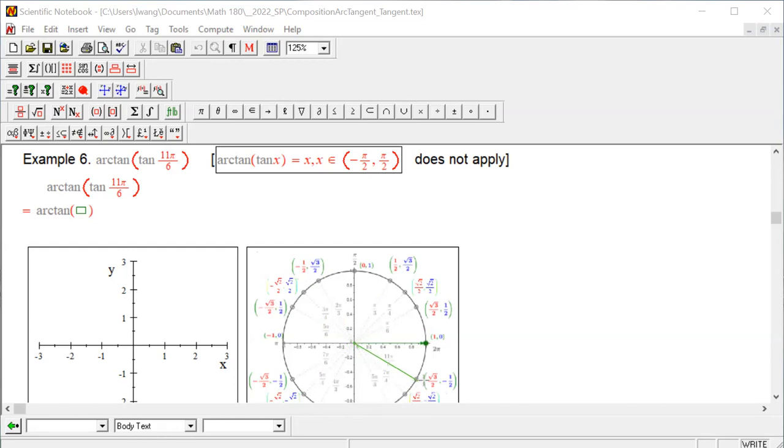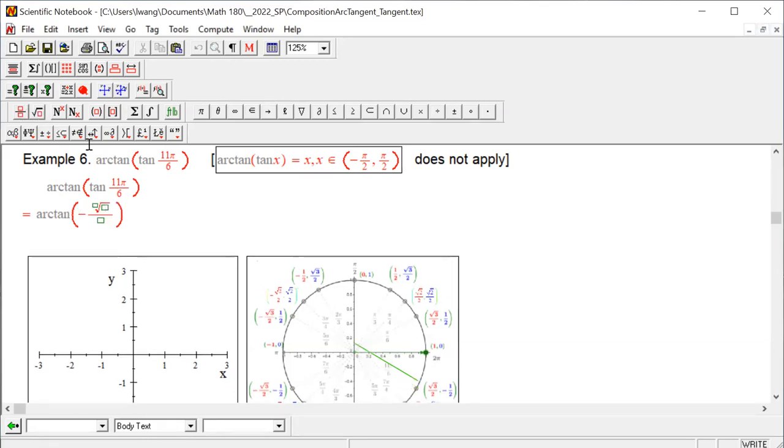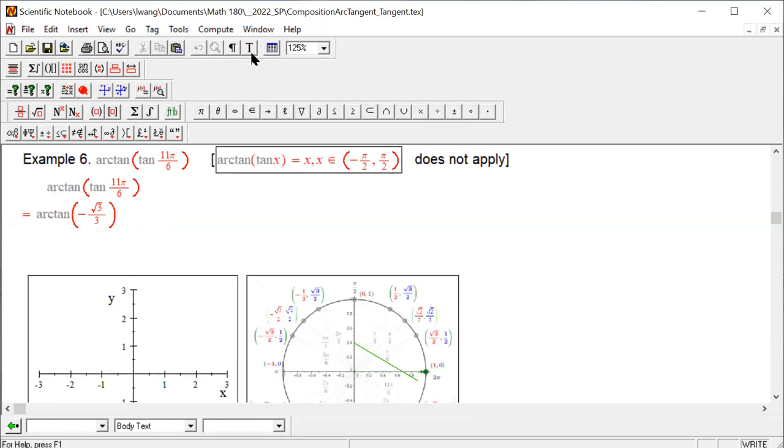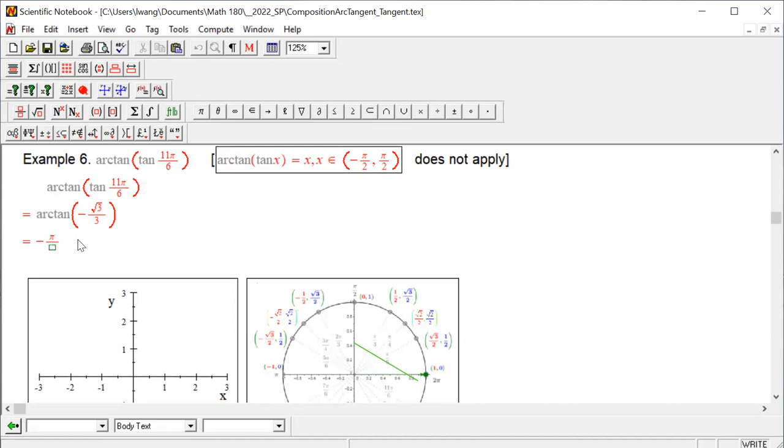This is the terminal. And that ratio of blue divided by red is going to be negative √3 over 3. And what's arctangent of negative √3 over 3? We just did a question like that. It's going to be negative pi over 6.